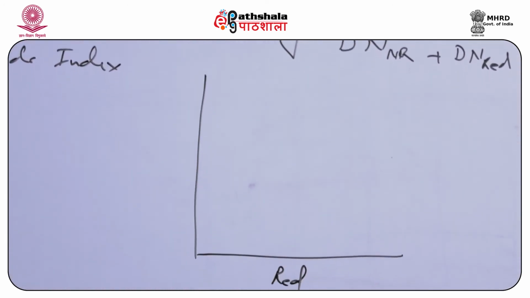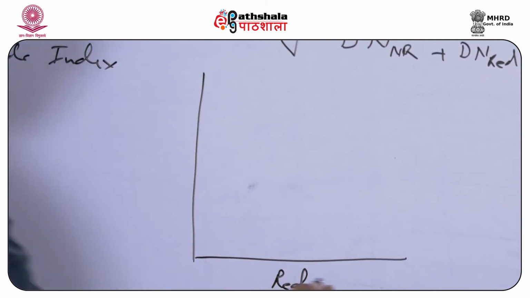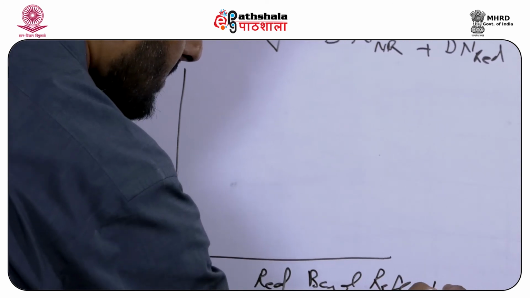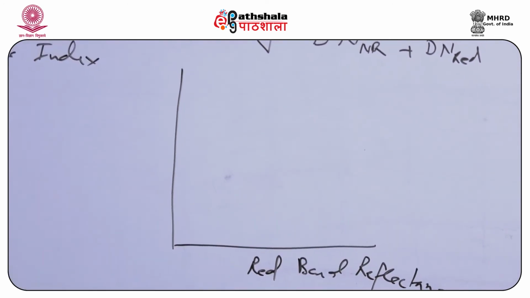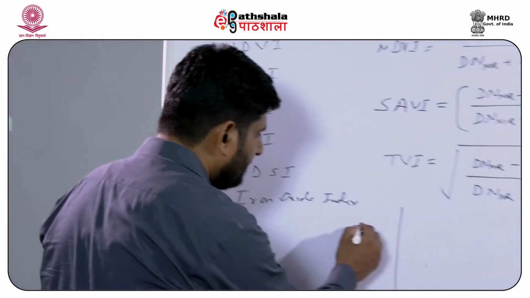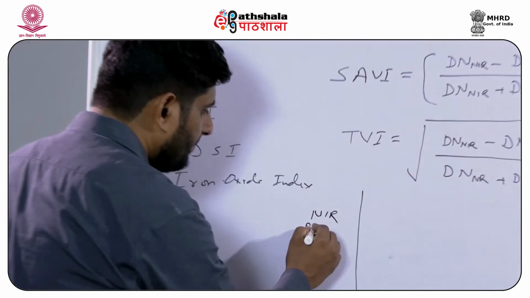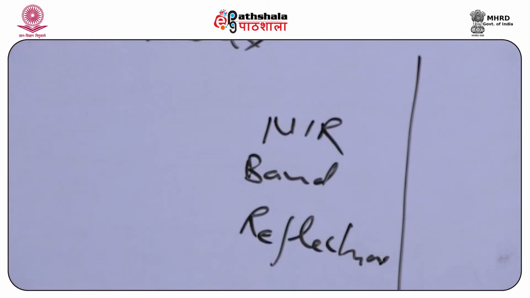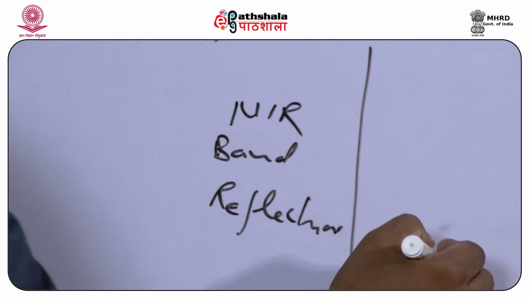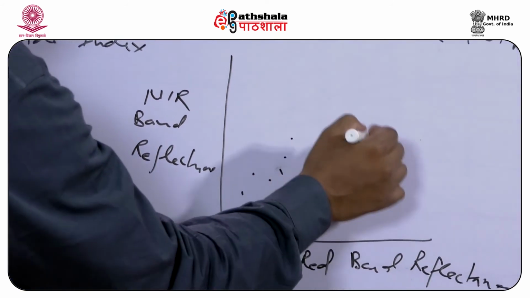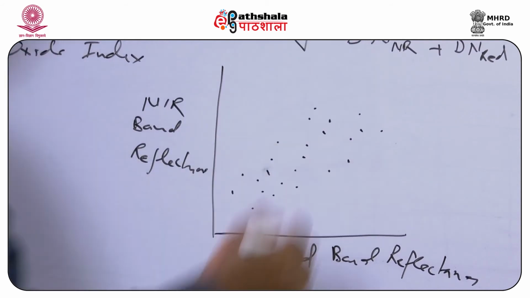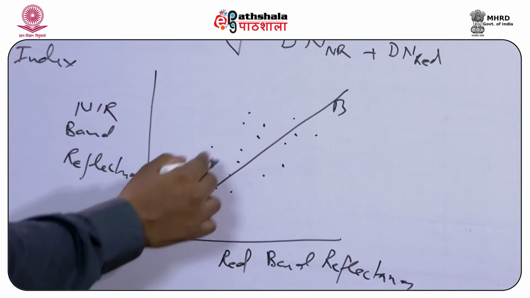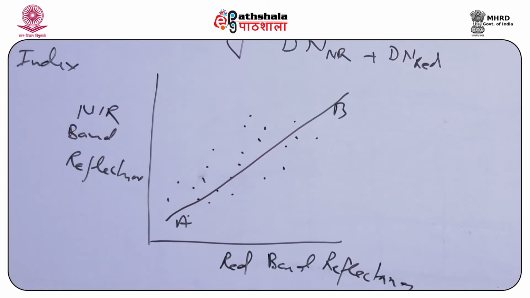we have the red band reflectance on the x axis, and on the y axis we will have the near infrared reflectance. So, a scatter plot would contain different points like this. This line AB represents the soil line with different wetness or moisture conditions.